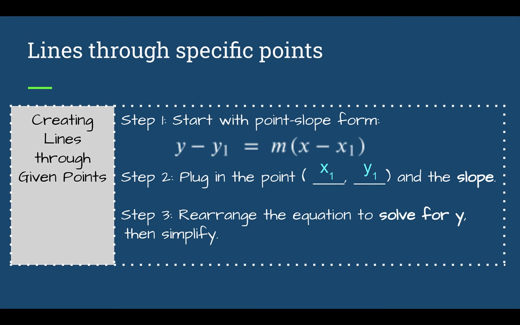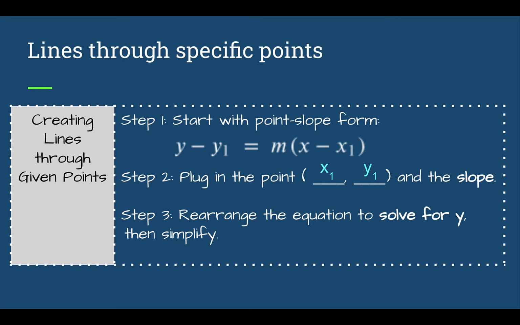So the first thing we need to do is make sure we can get our line to go through specific points. So here are some steps to do so. First, you're going to start with point slope form, which is y minus y1 equals m times x minus x1, where m is the slope and y1 and x1 are your point.